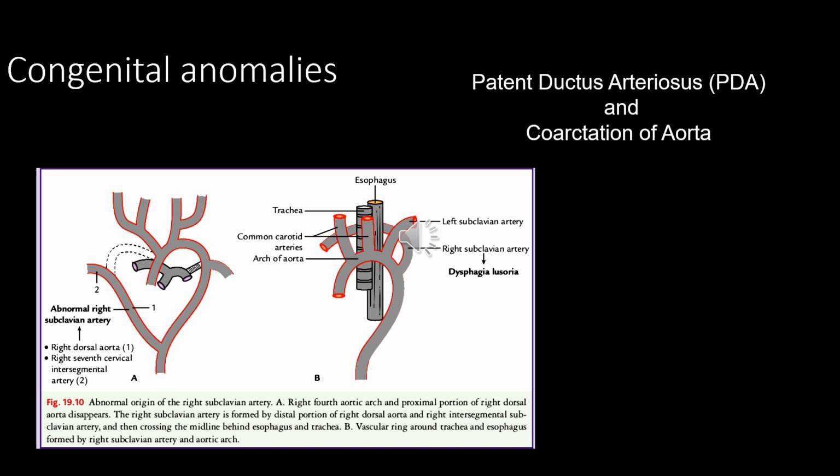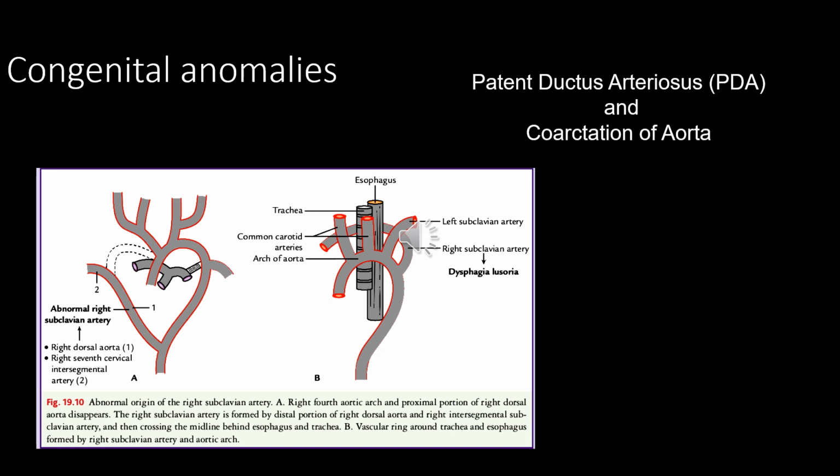But the lungs don't require that much blood. They do require a little bit for survival. So much of the blood that is destined to go to the lung buds is shunted back into systemic circulation by the ductus arteriosus. That's why it's an important channel.